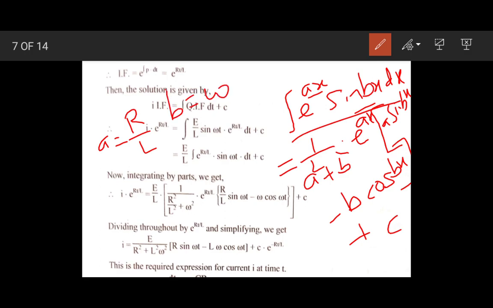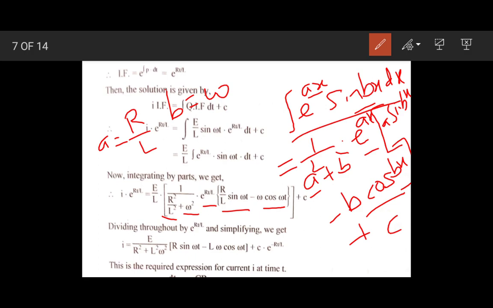When we substitute, we get 1 upon R square upon L square plus omega square, into e raised to RT upon L, into R upon L sin omega t minus omega cos omega t, plus c.